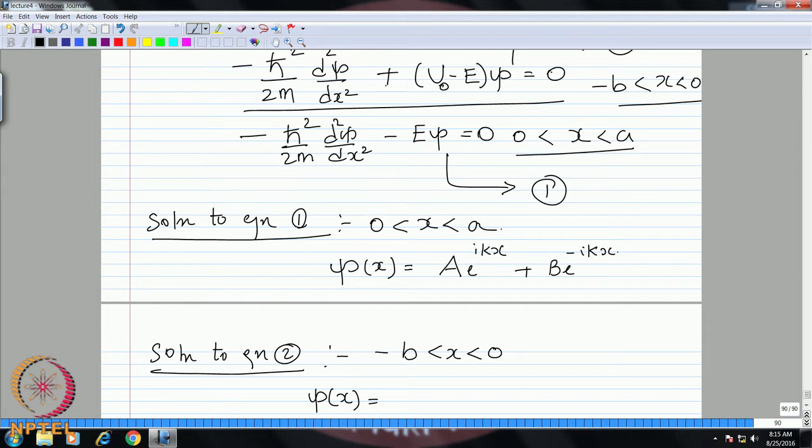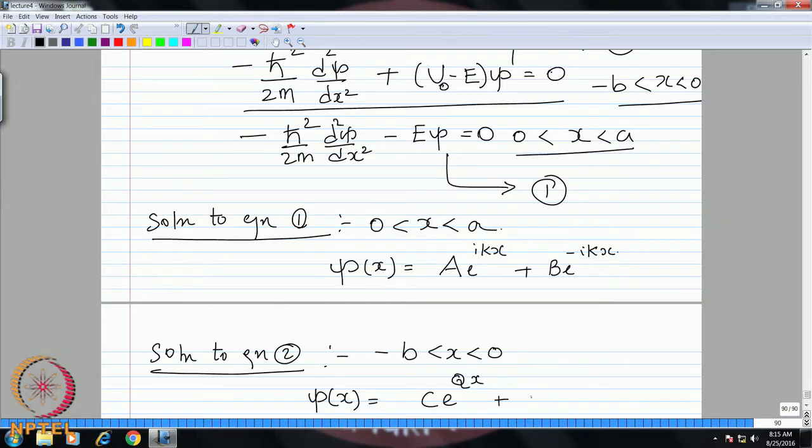Yes, because we have put plus u naught minus E. Okay. So, therefore, we can write this as C e power, we should use a different wave number now, let us say q, okay, plus D e power minus q x. Okay.